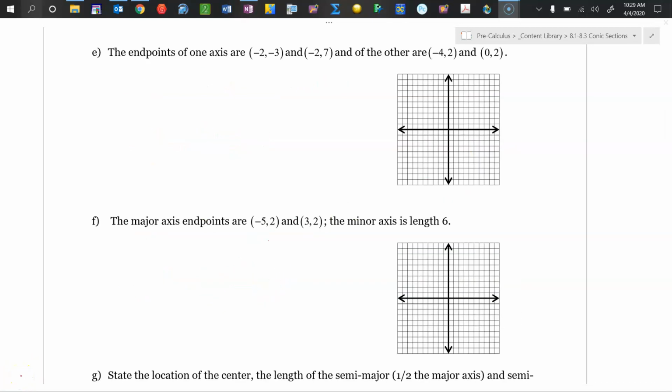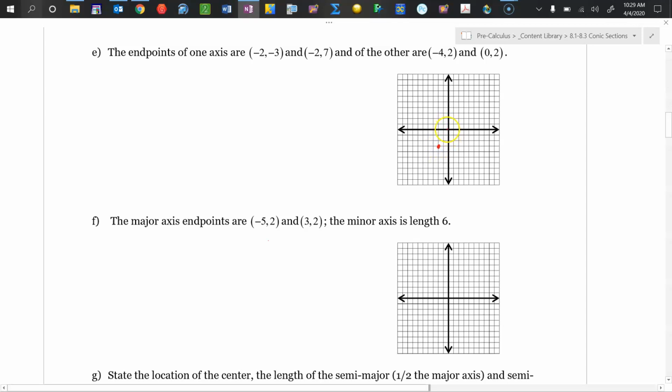In this next problem, we're given the information about the endpoints of the major and minor axis in a slightly different form. So again, I think it's useful to have a place to graph these while you're doing these. So let's locate those points. The endpoint of one axis, -2, -3. So -2 down 3, so there's one endpoint.